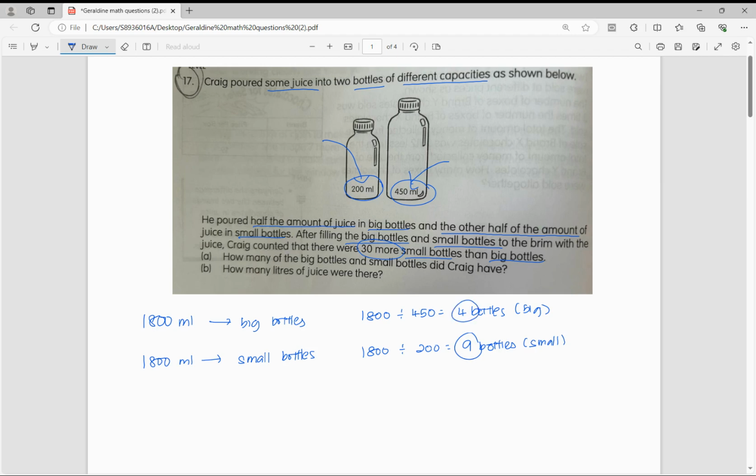Reason being, between every big bottle and every small bottle, there is a difference of 250 ml. Because of this difference, I will end up with more small bottles as compared to the big bottles. I hope this is something that you can recognize first.